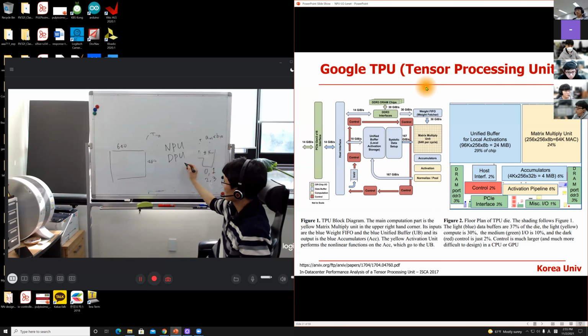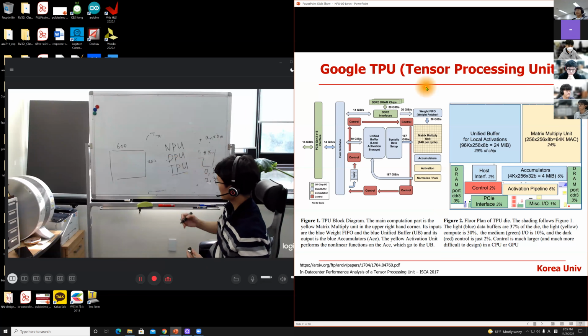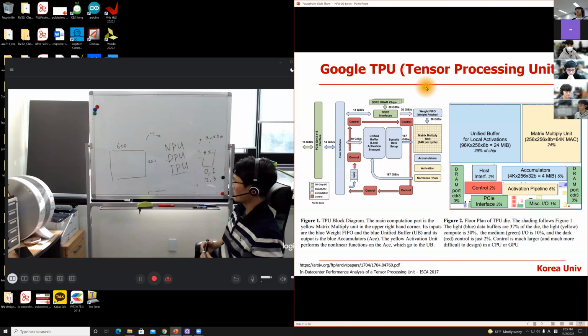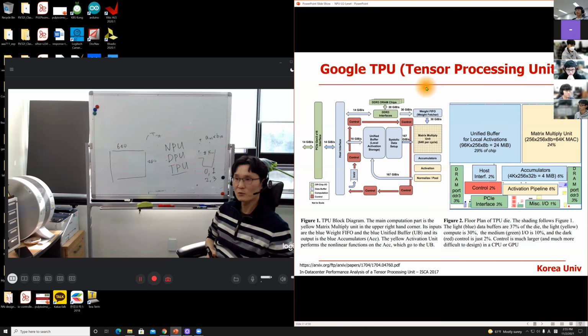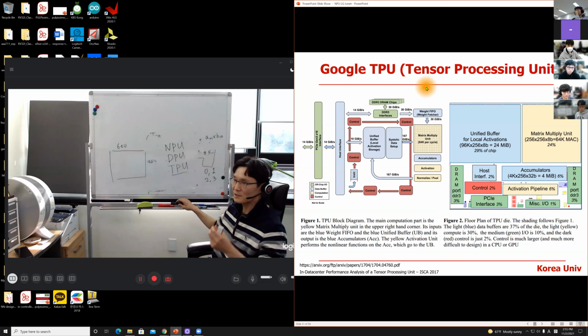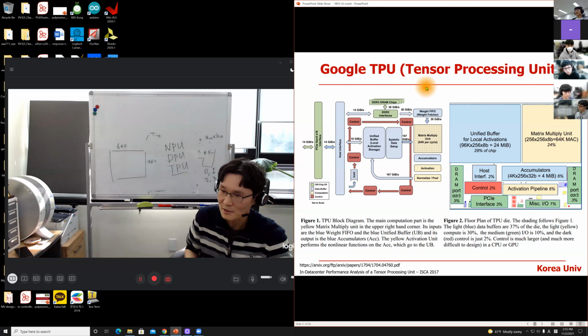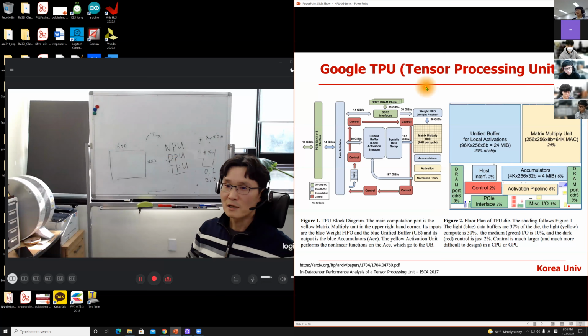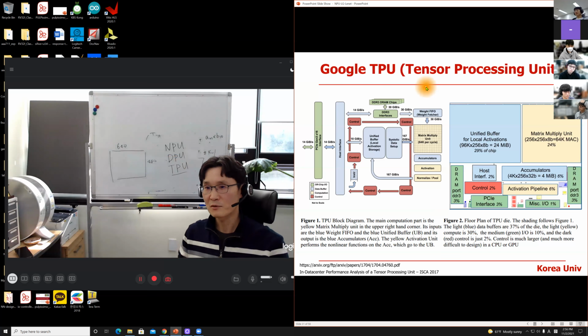Google uses TPU, tensor processing unit. And some people use neuromorphic, even though neuromorphic is a little bit different, using some spike model. Anyway, different names refer to similar components.